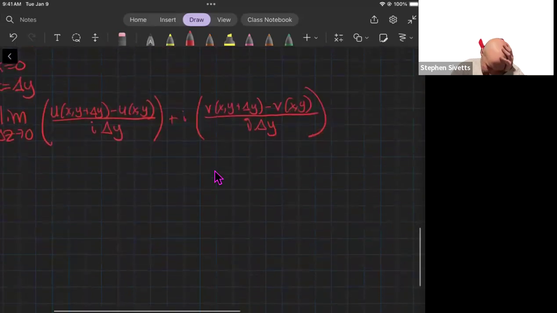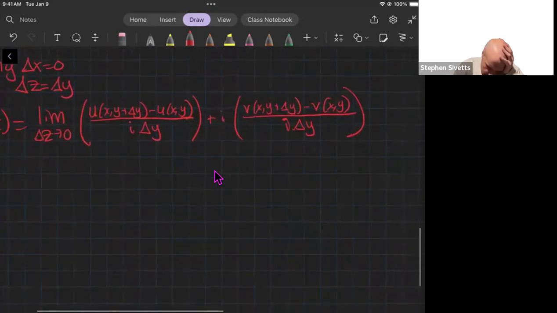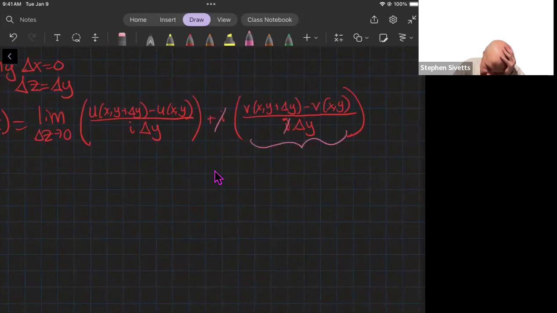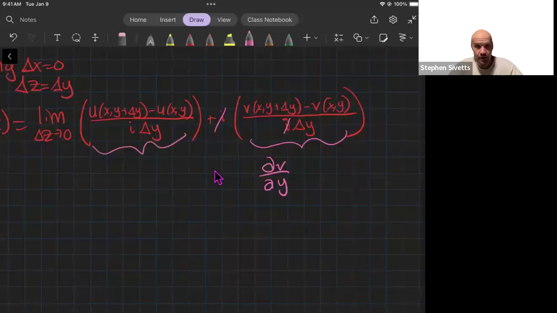Okay, so what this will equal is, the second component, the i's will cancel, and this quantity right here would be the partial of v with respect to y. That actually is the real component. This component over here is the imaginary component.